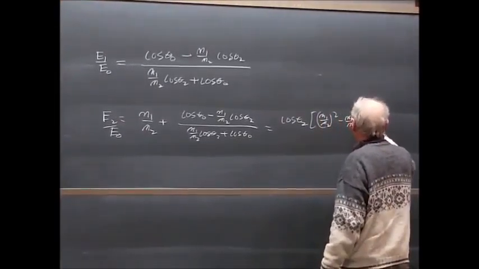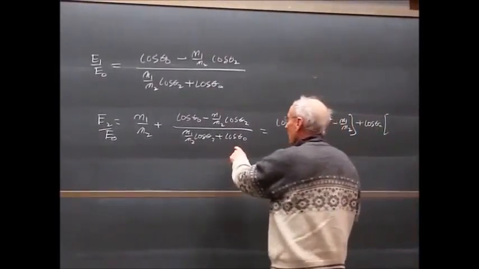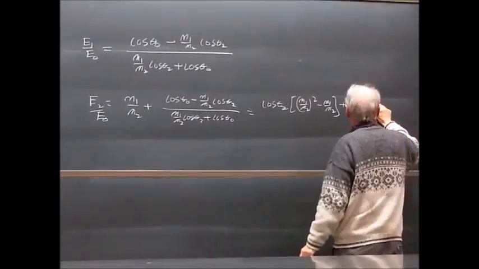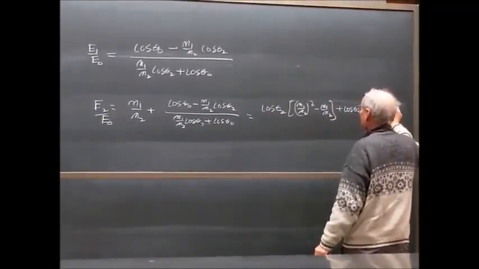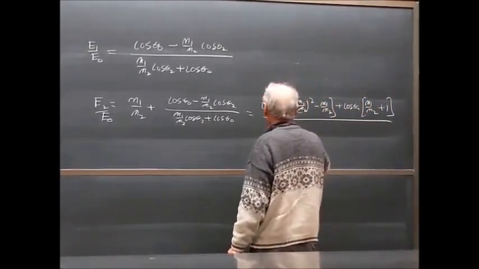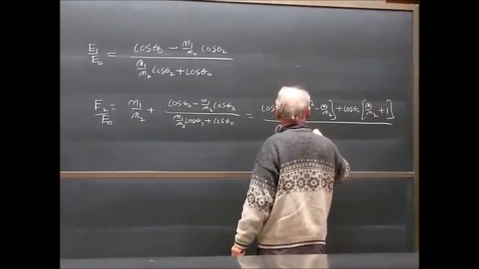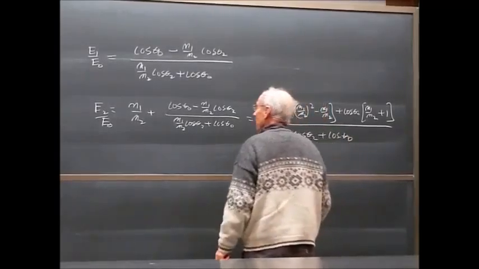And then you'll have cos theta 0 times N1 over N2 plus 1, divided by N1 over N2 cos theta 2 plus cos theta 0.